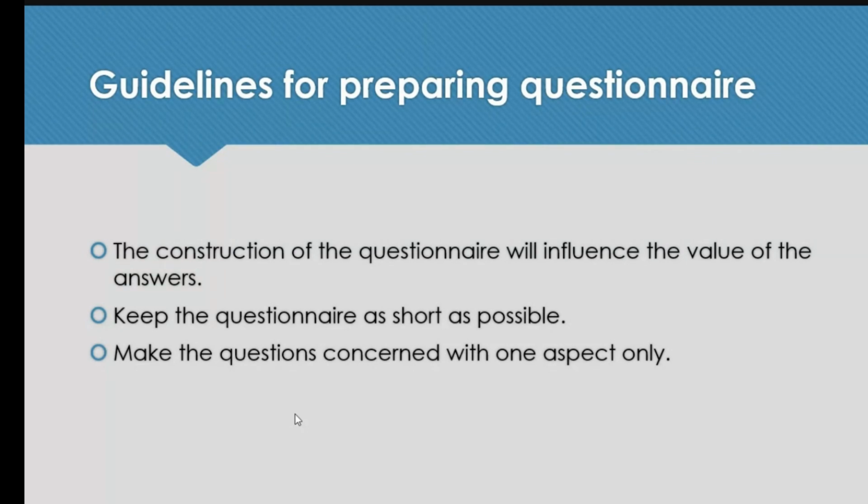Don't ask how much importance you give to food, accommodation, service in your choice of hotel. It's a lengthy question. So you make the one question into three simple, short questions, so the respondents can give responses easily.